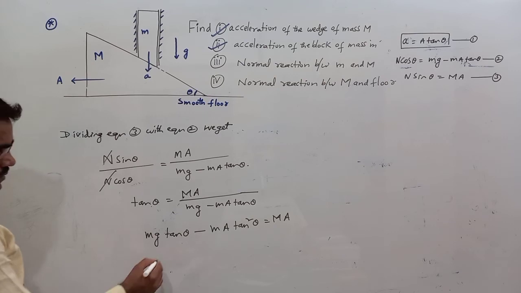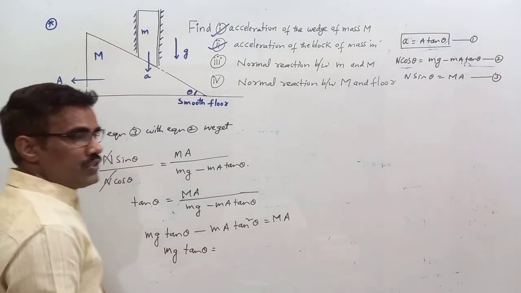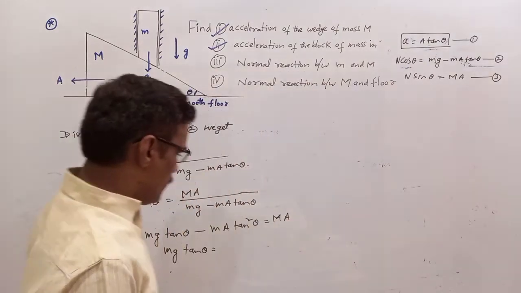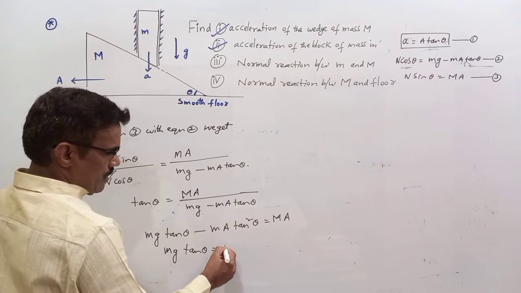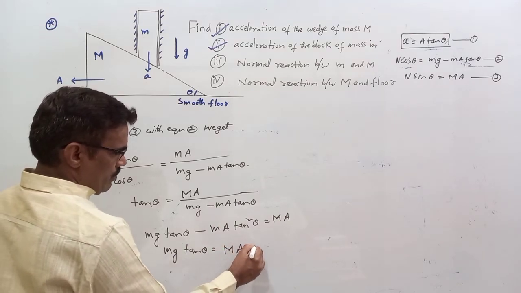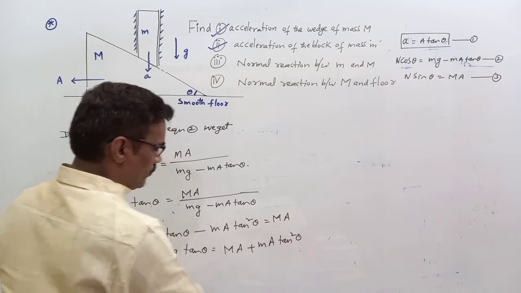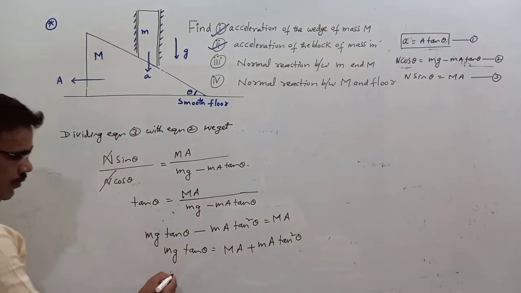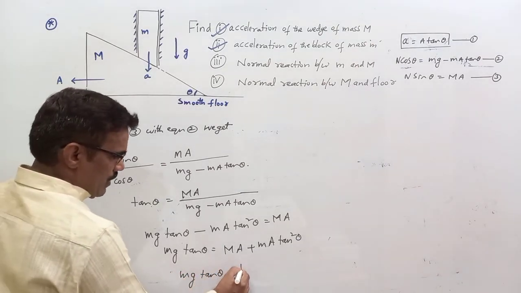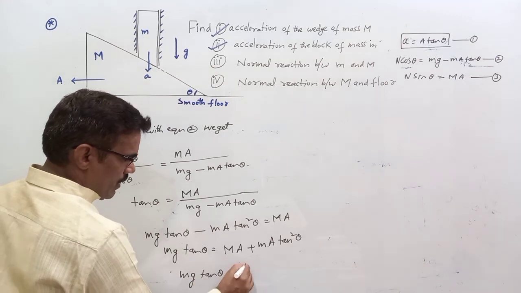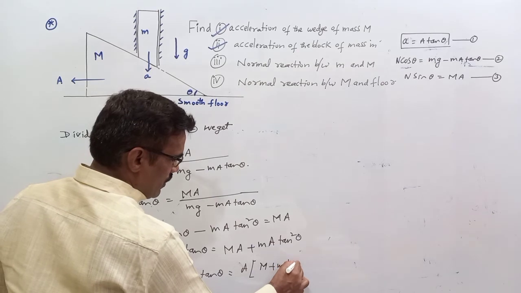Taking capital A terms to one side: mg tan theta is equal to capital M A plus m A tan square theta. Capital A is common, so mg tan theta is equal to A times (capital M plus m tan square theta).